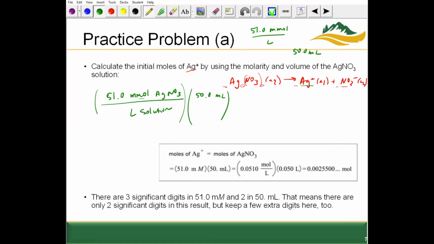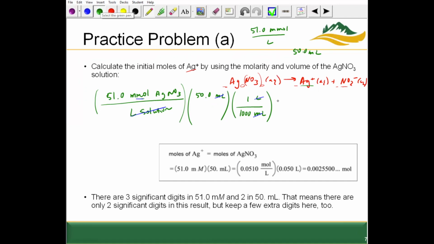But importantly, we're not yet done with the volume term because we have to get milliliters into liters. So for every 1,000 milliliters there's 1 liter. So at this point, we're canceling out mL and mL, liters and liters. Right now, we just have this in terms of millimoles of silver nitrate. So let's keep going.